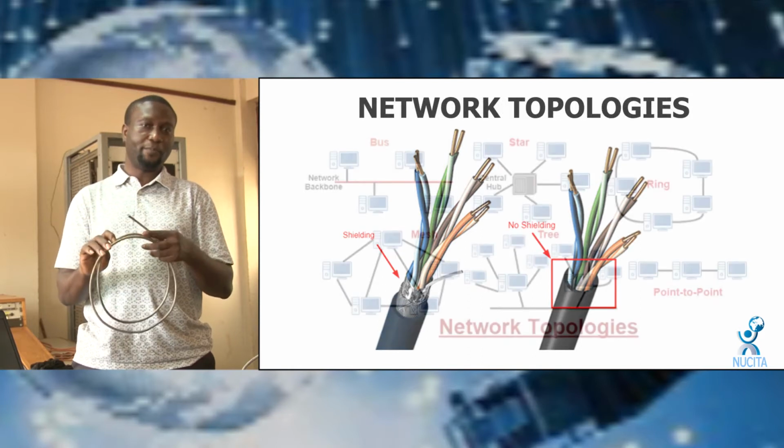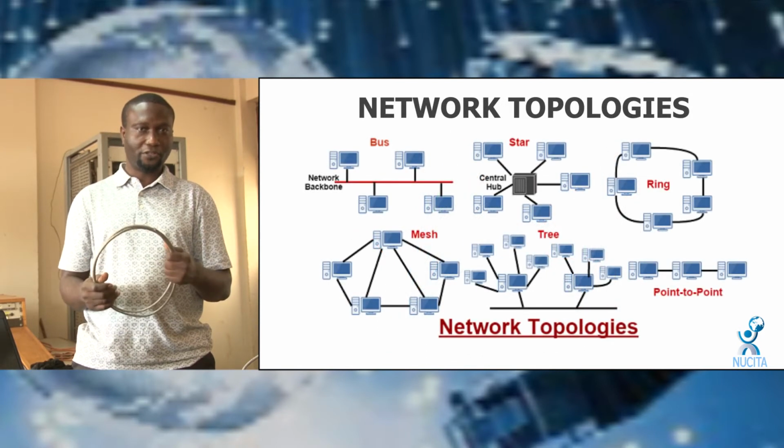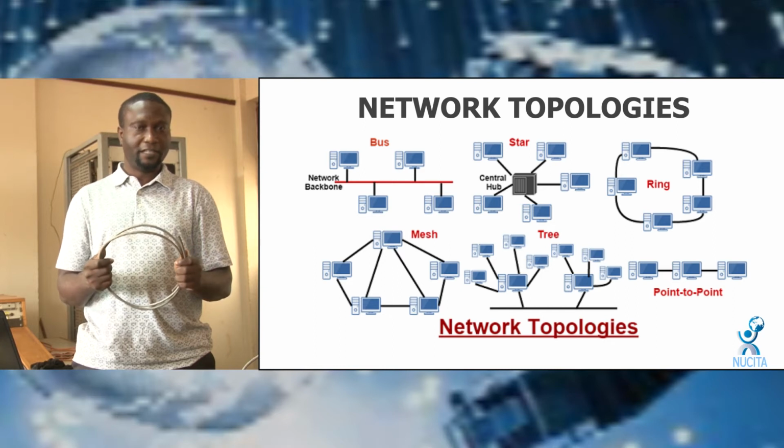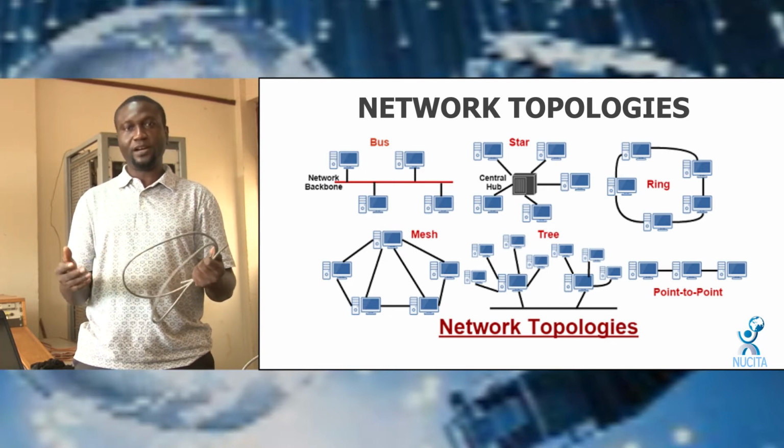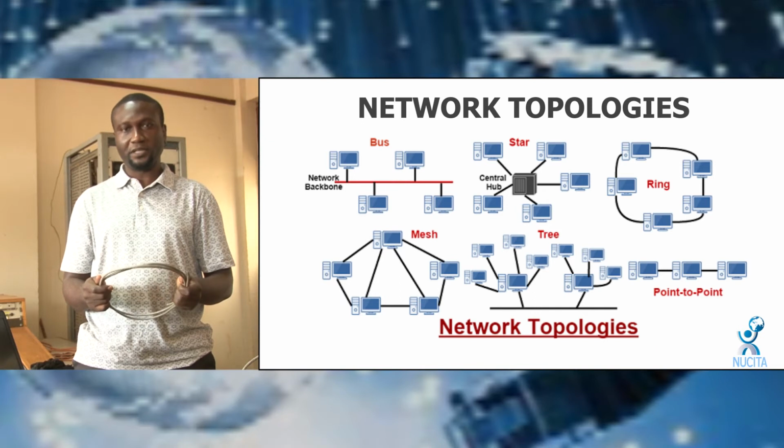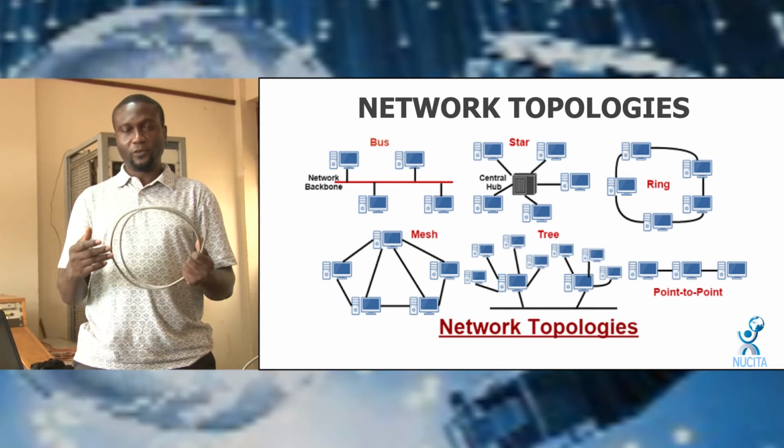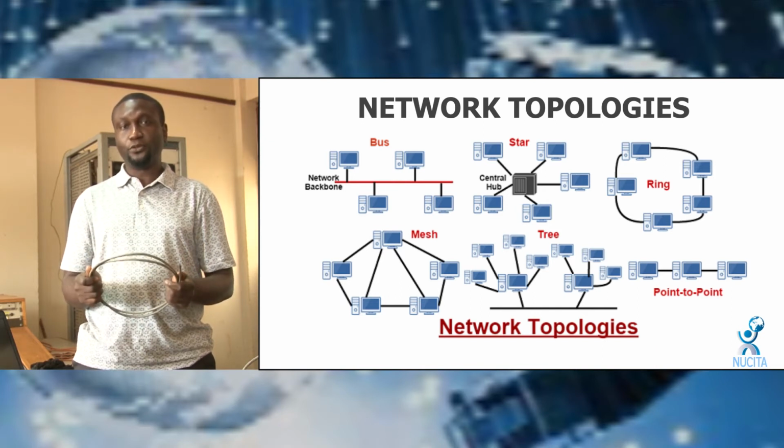There are different topologies that we can talk about in this session, possibly. A topology is how you arrange computers on a network. The computers that are connected on a network are also known as clients or nodes.